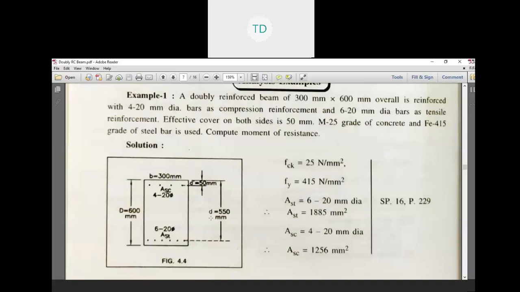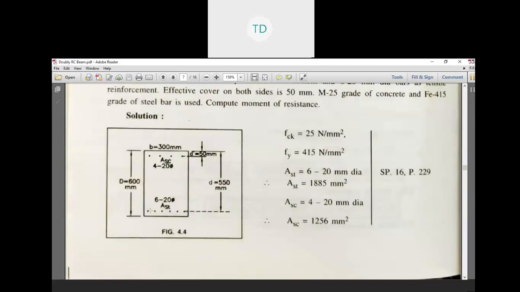The bottom reinforcement is tensile reinforcement: in the problem, 6 number of 20 diameter, 1 2 3 4 5 6. Similarly, the compression reinforcement is 4 number of 20 diameter, 1 2 3 4, which are called Ast and Asc respectively.